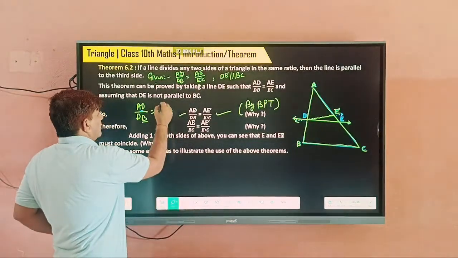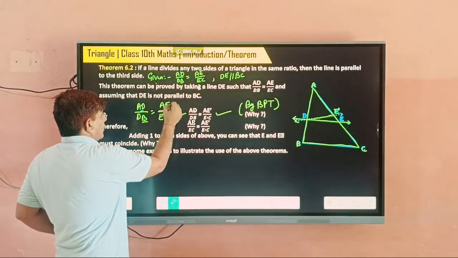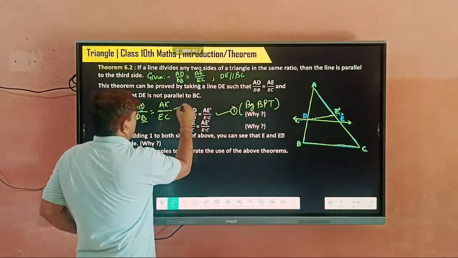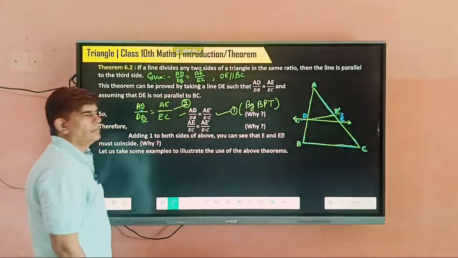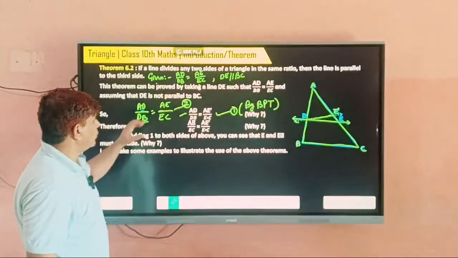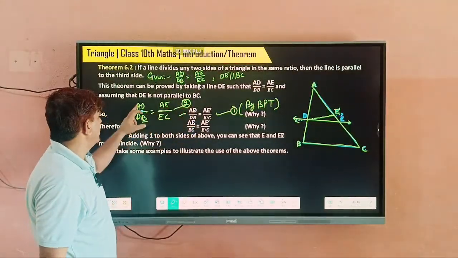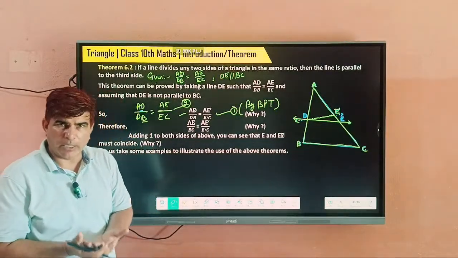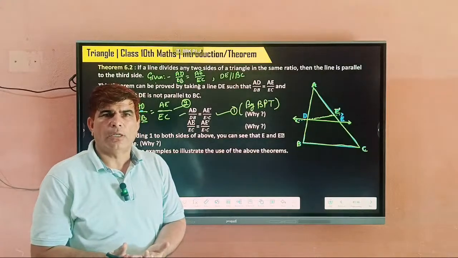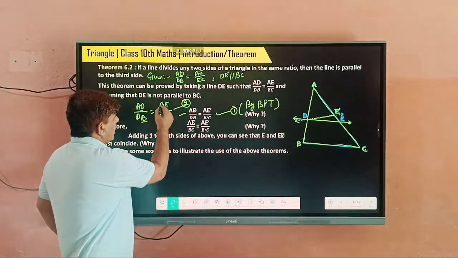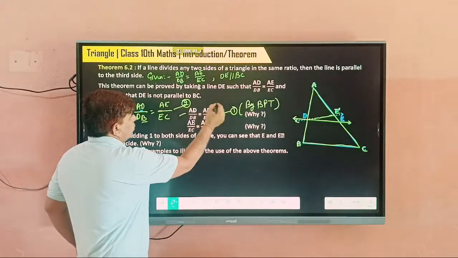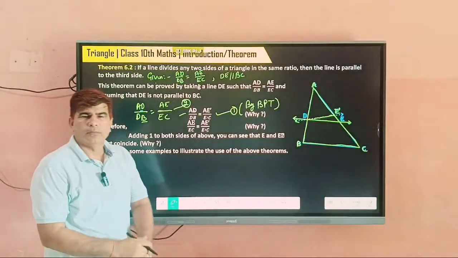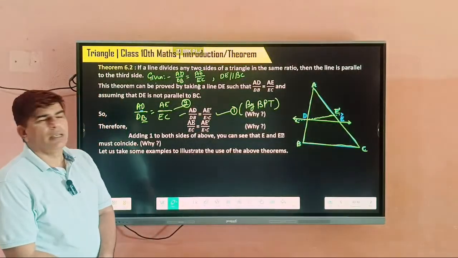Look one time at the left hand side: AD by DB, AD by DB. The left hand sides are equal, which means the right hand sides are also equal. Understood? So AE by EC equals AE dash by E dash C.